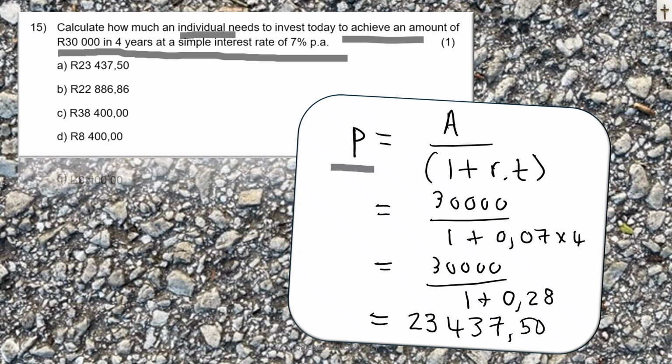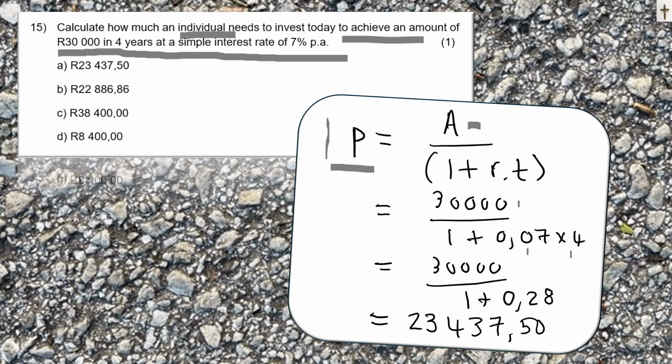What must a person invest today, the principal amount, the present value, to achieve a future value A of 30,000 at an interest rate of 7% for 4 years. And this formula, you must know, is the formula to calculate the present value using simple interest when we're given a future value.